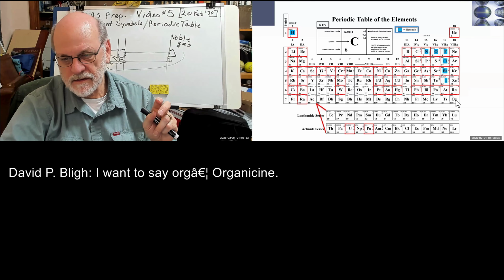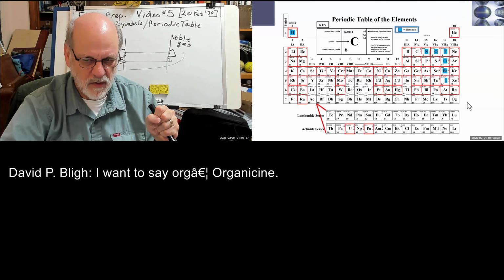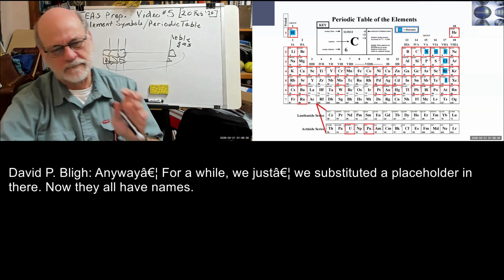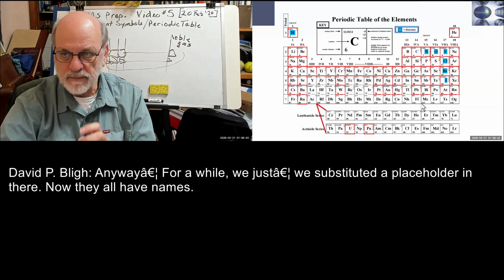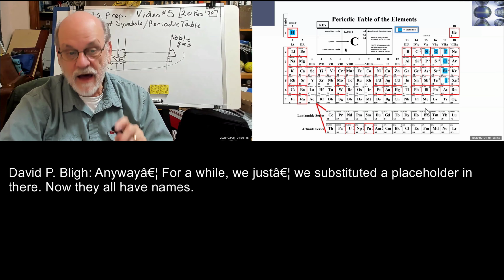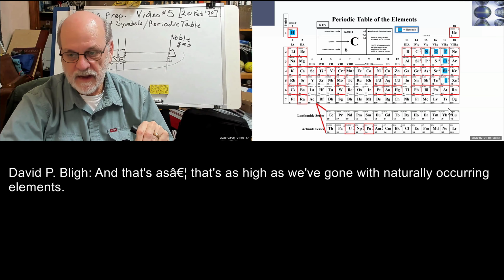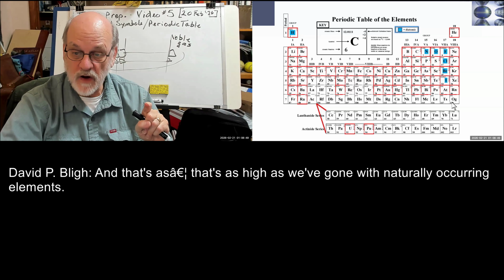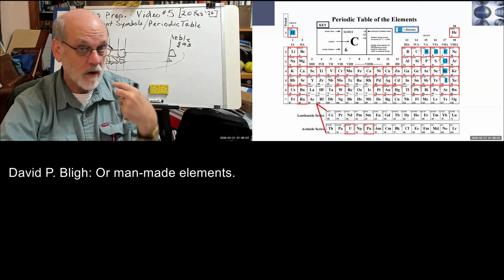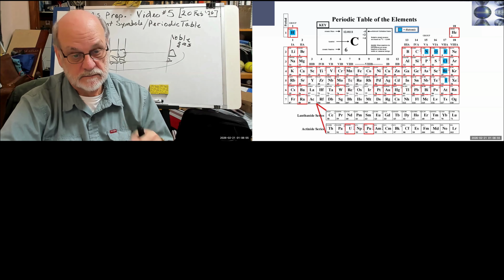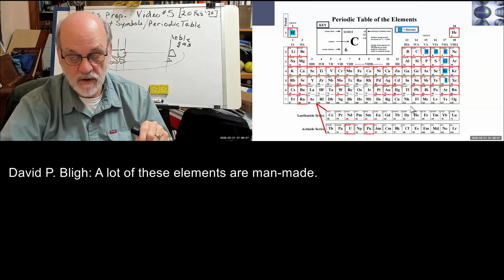OG is, I want to say organicine. Anyway, for a while we substituted a placeholder in there. Now they all have names, and that's as high as we've gone with naturally occurring elements or man-made elements. A lot of these elements are man-made.